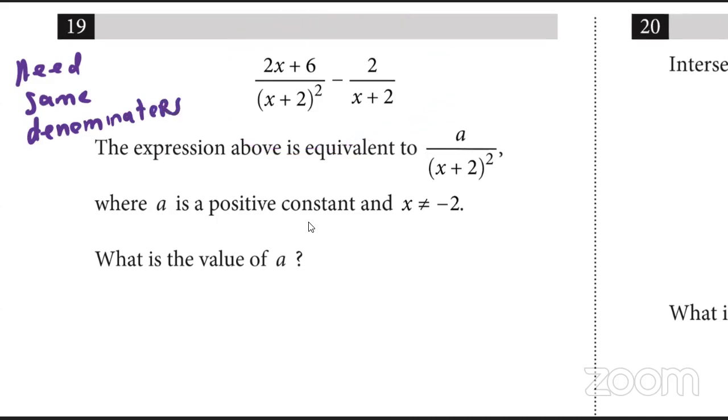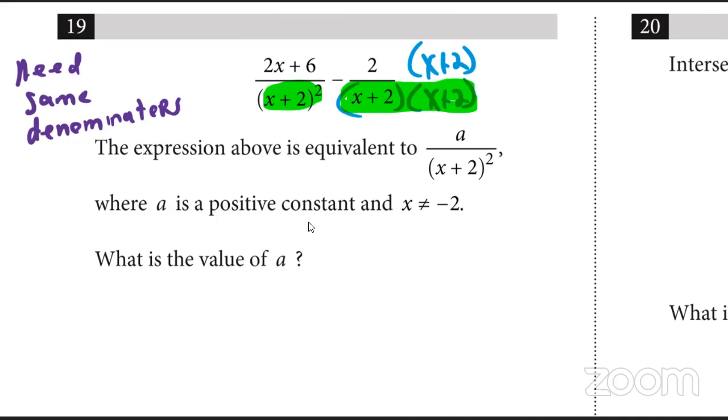So what can we do? We can multiply by x plus 2 over x plus 2 because we have x plus 2 squared here. And with the extra x plus 2, we'll have x plus 2 squared here as well, because x plus 2 times x plus 2 is x plus 2 squared.